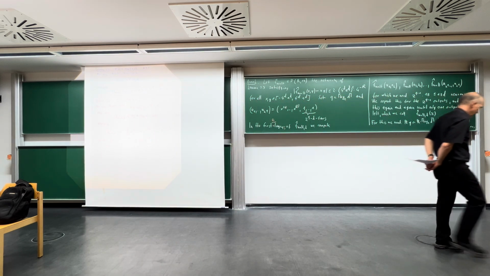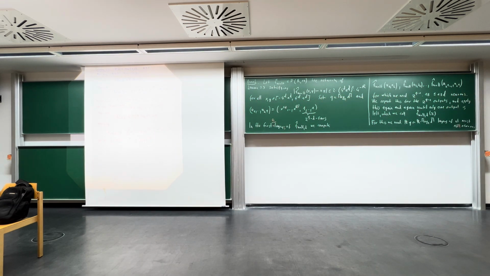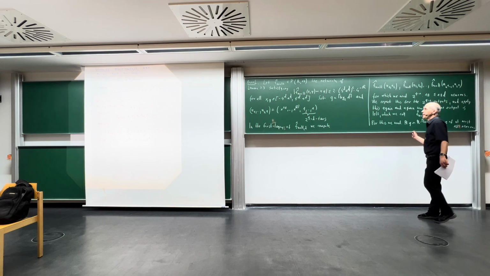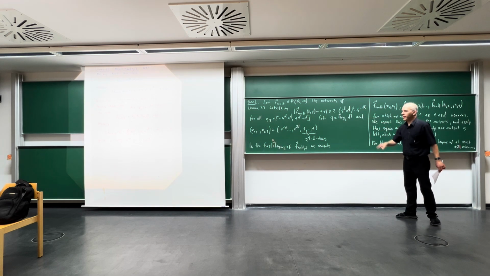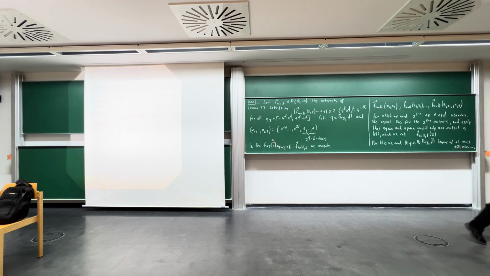Now the question is, what happens if we multiply all these things together? And what is the error? So I want to apply this inequality here, this error bound, but then I have to be sure that the outputs are in the right range. So we have to think about where the outputs are.